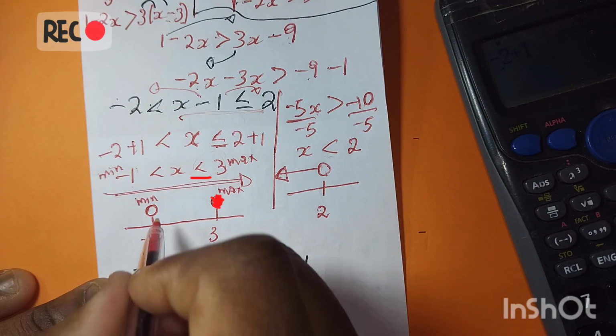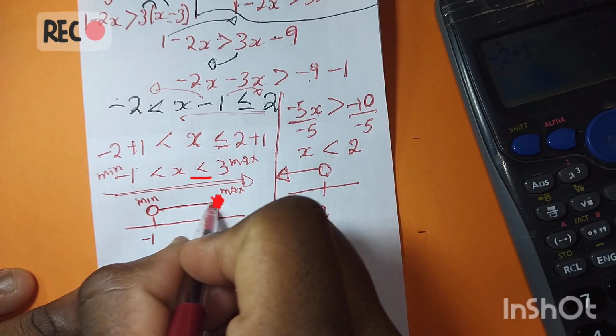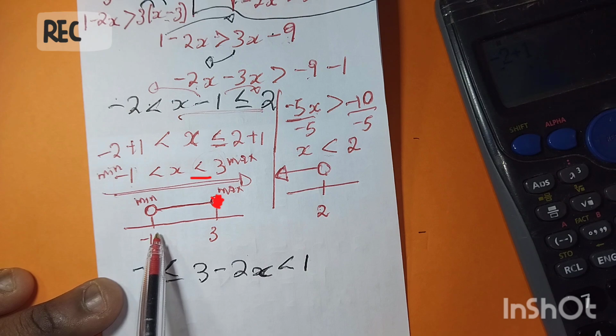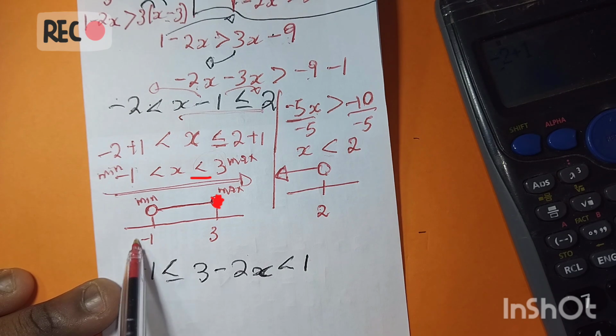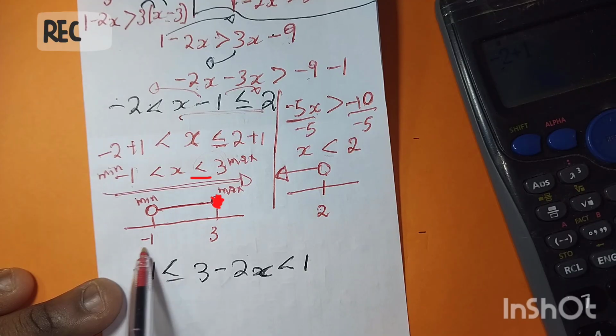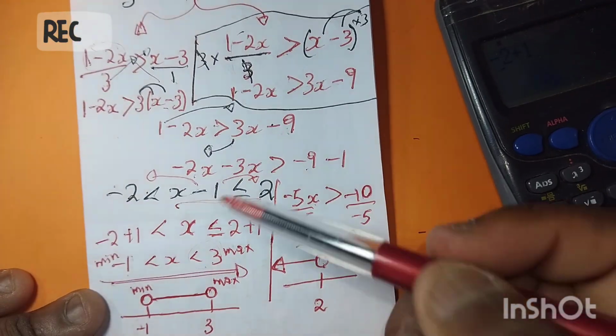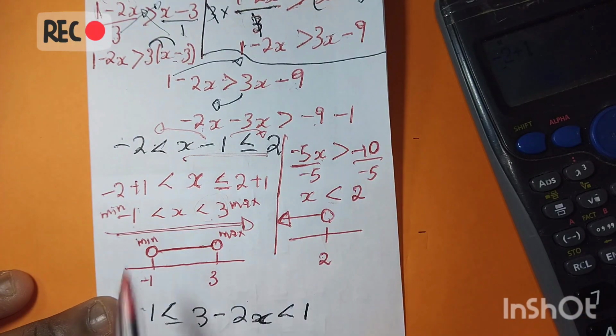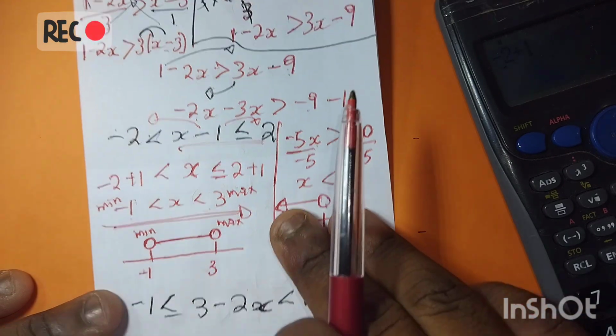Do you see? And now you will include those values. For all the values which are between negative 1 and 3, they will be included in this inequality equation. So this is your final answer.